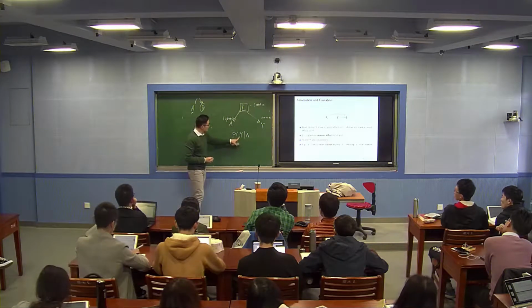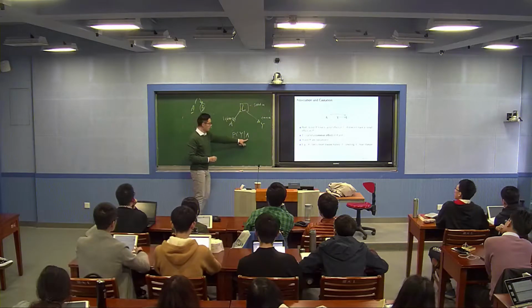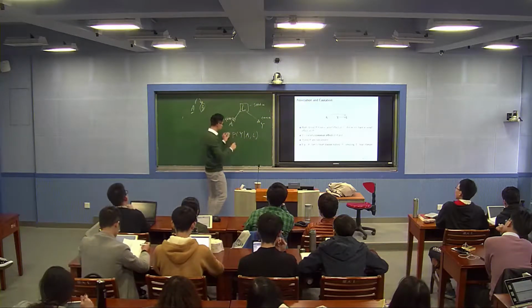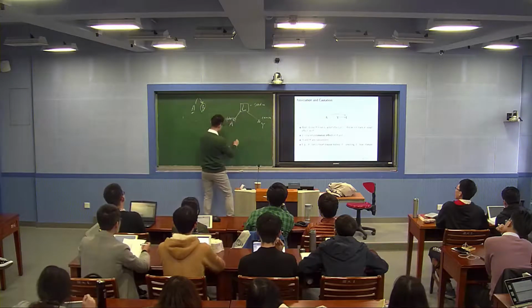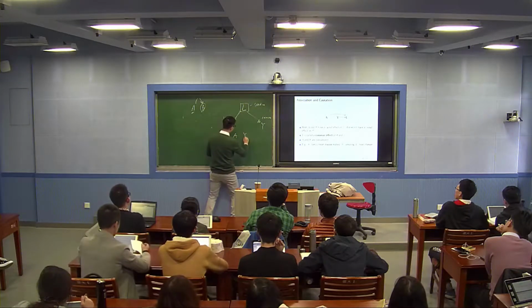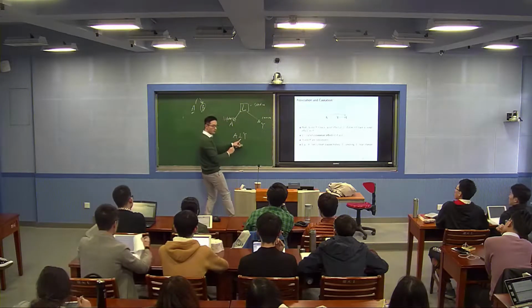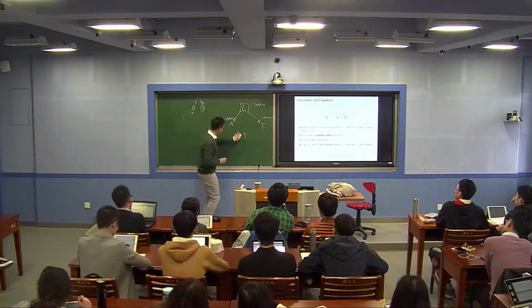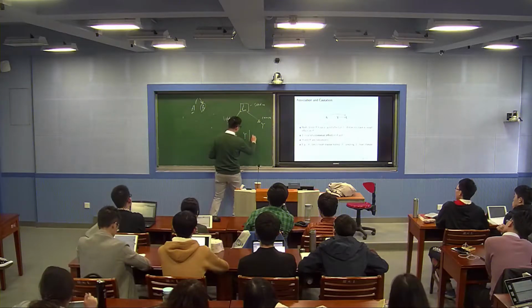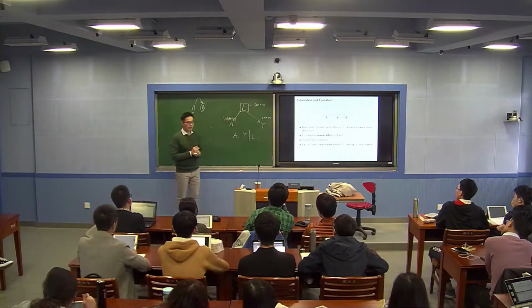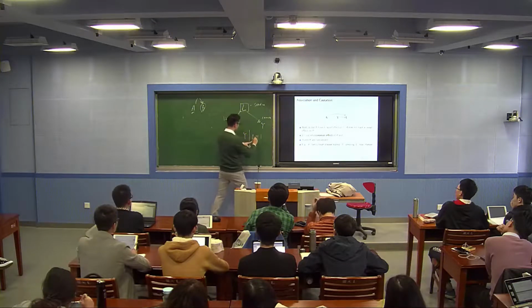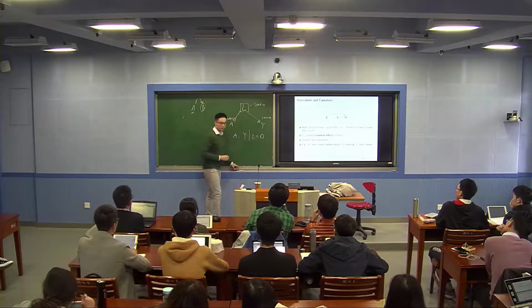Let me say this: are A and Y independent? No. A and Y are correlated. But what if I condition on L? For example, suppose I condition on L equal to 0.